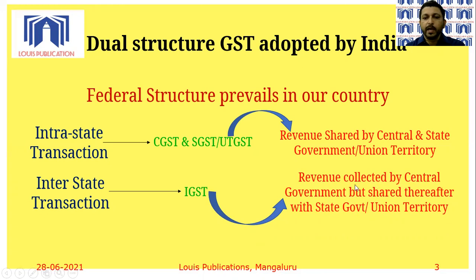So revenue is collected by the central government, but shared thereafter with the state government if it's an interstate transaction, or with a union territory if it is a transaction between one union territory and another union territory, or one union territory with another state. That will be called an interstate transaction, and IGST will be applicable. The entire IGST will be given to the central government, and the central government will share that revenue with the respective state government or union territory where the recipient is based, because consumption happens there. This is the application of a destination-based consumption tax.